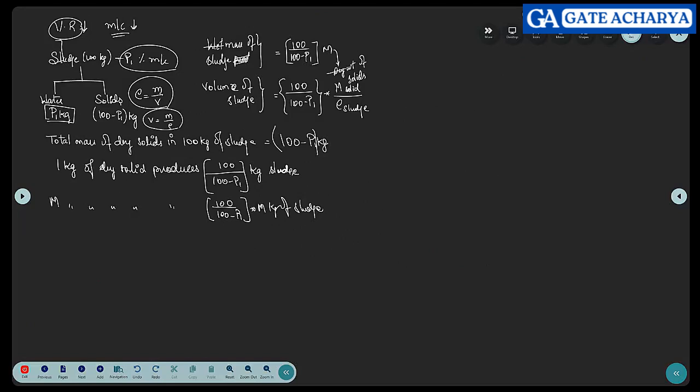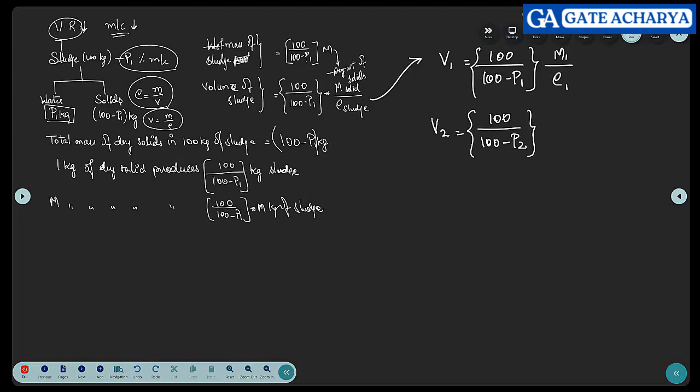So now we generalize this formula. V1 is equal to 100 divided by 100 minus P1 into M1 by rho 1. Here V2 is 100 divided by 100 minus P2 into M2 by rho 2.